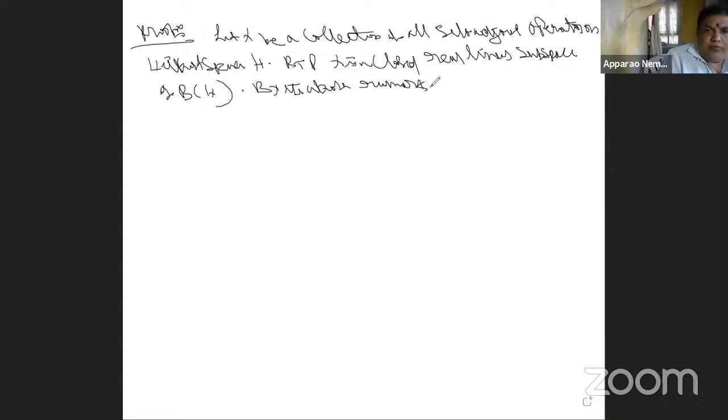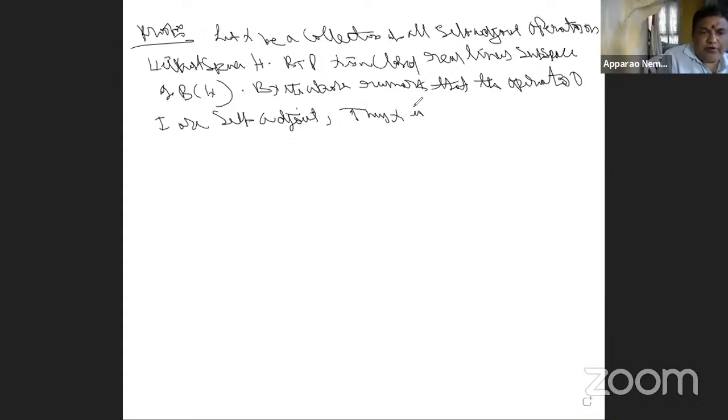The operators 0 and I are self-adjoint. Here X contains the zero operator and the identity, thus X is non-empty.